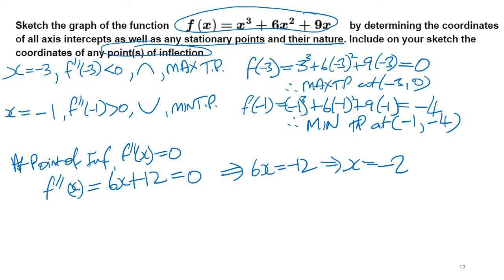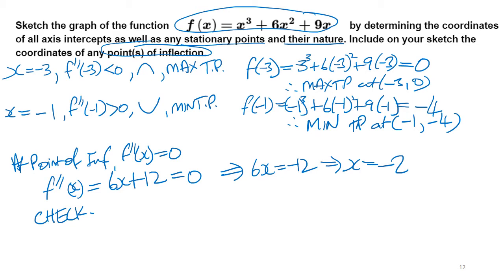But remember, we still have to check both sides of x equals negative 2. So when you have a number a little bit less than negative 2, and a number a little bit greater than negative 2, see if the sign of the second derivative does change.